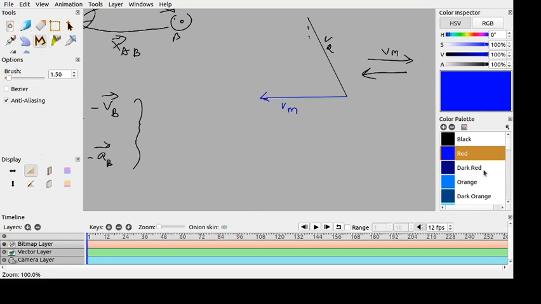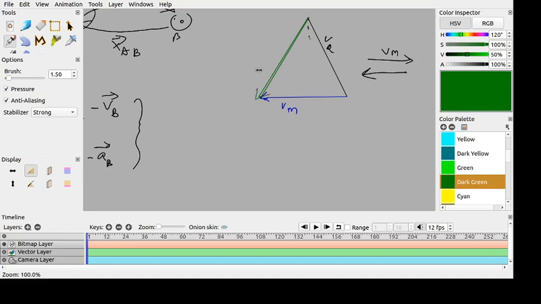Finally, the answer would be the velocity of the rain minus the velocity of the man. This is the result. The velocity of the rain minus the velocity of the man is the velocity of the rain with respect to the man.